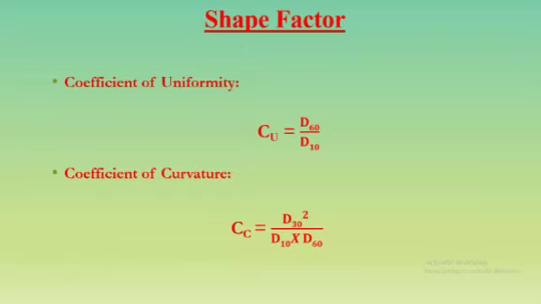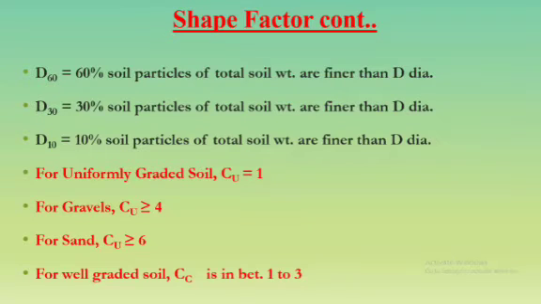Now what is d60, what is d10, what is d30? For coarse grained soils, these three terms are important: d60, d30 and d10. So what is d60? d is the diameter of a soil particle and 60 is 60%.